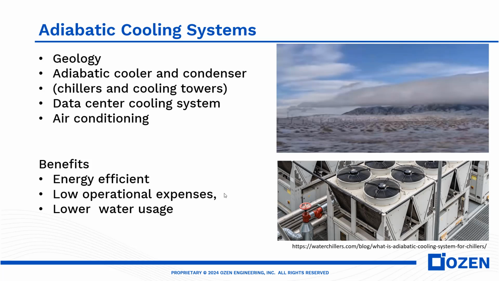It could be a closed, isolated system, and so the operating cost is very low. The other good thing is the impact on water usage, in other words on the environment. This method can save billions of liters of water annually for cooling in data centers or other industrial applications.